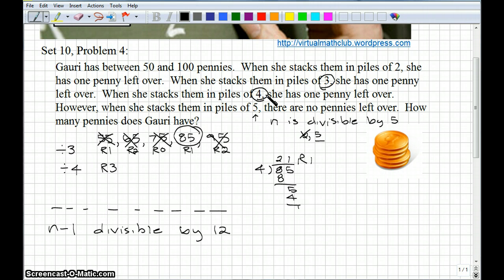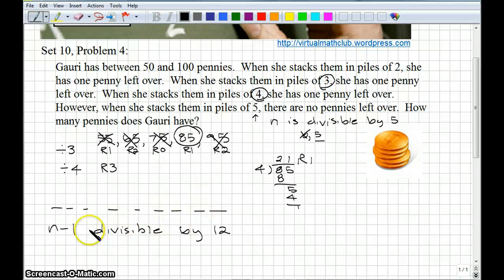So if we took away 1 penny from the total number of pennies, then when we would stack it in piles of 3, we would get none left over, right? Because we took away 1. Same way with 4. If we stack the pennies in stacks of 4, we'd have none left over if we took away 1.